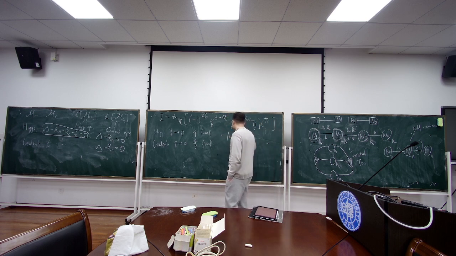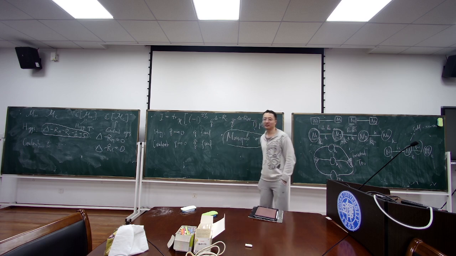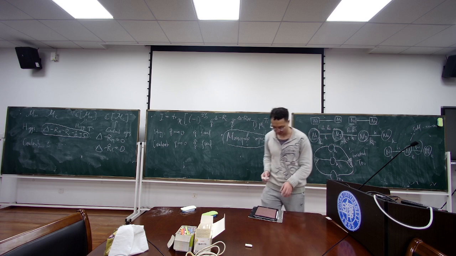In 3D, we have the contribution from monopole operators. These monopole operators complicate things a lot, especially in the 3D Lagrangian case.